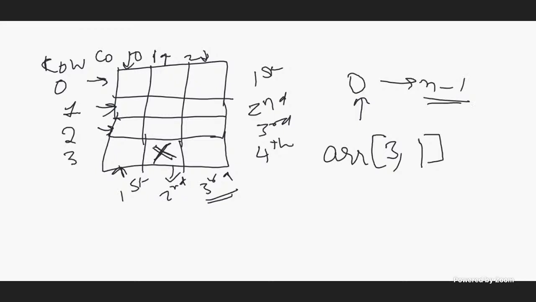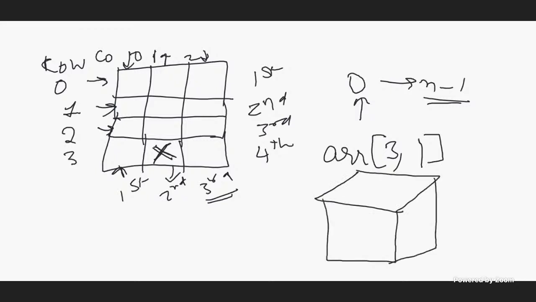Okay, you want me to show for 3D. 3D is difficult to create, but I'll try. Shama, have you ever seen a cube? Have you ever worked with a cube?